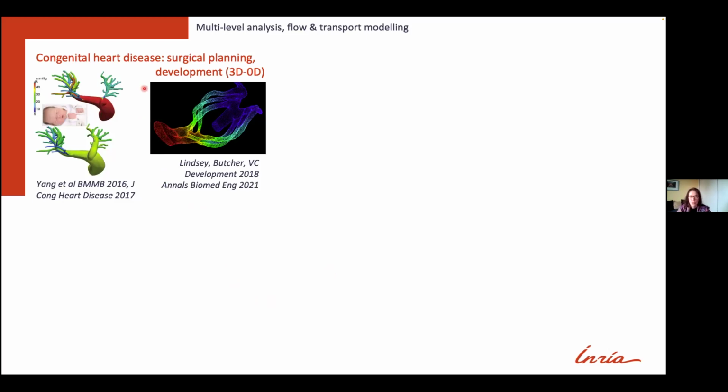For this, you really need to have a predictive model, and this requires that we couple 3D models, typically a 3D model of the region of interest, with the rest of the system, so typically the rest of the circulation. Of course, we cannot model the rest of the circulation in 3D. This is why we couple 3D models with these so-called 0D models.